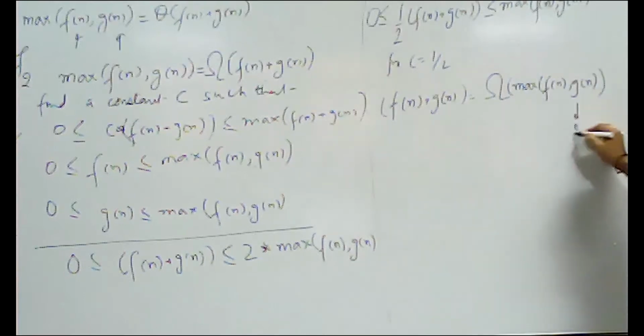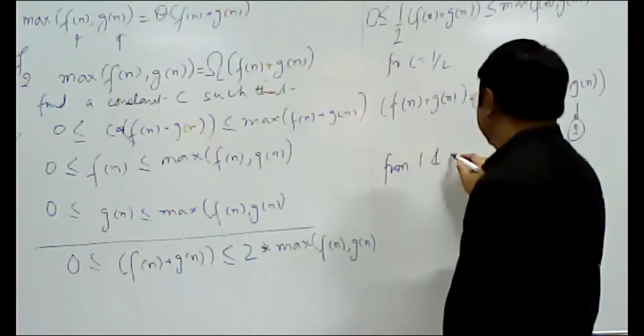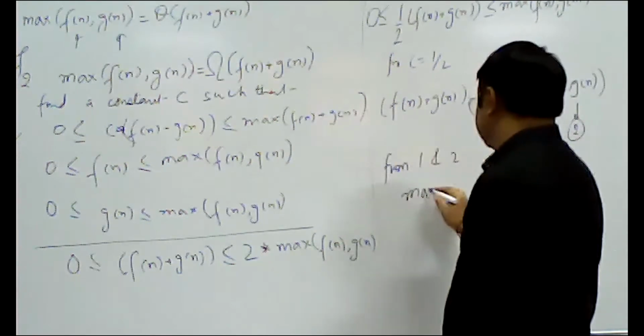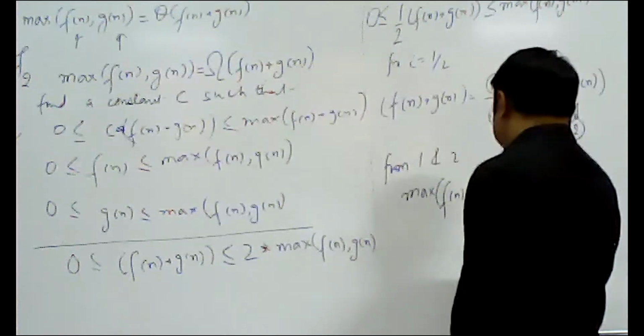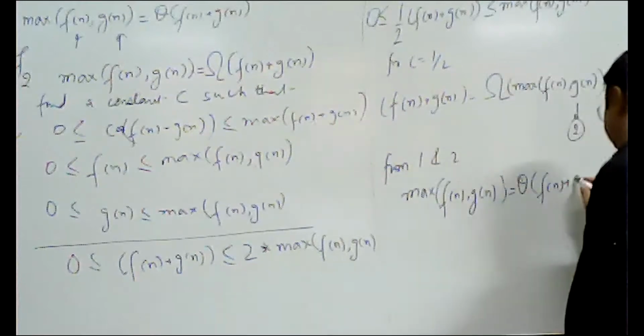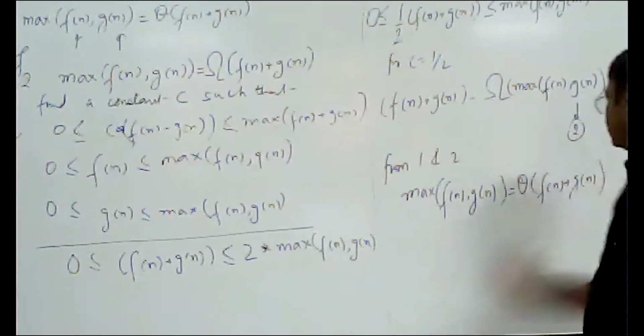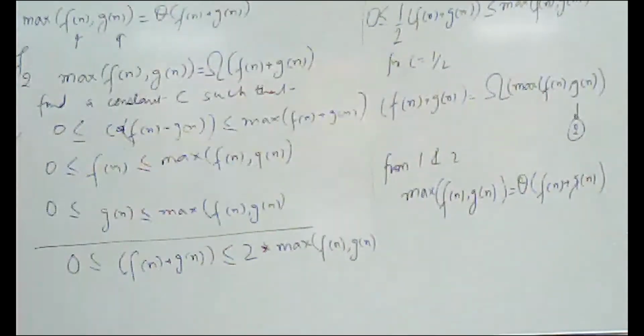This is your equation 2. So from 1 and 2, it is proved that max of Fn and Gn is equal to theta of Fn plus Gn. So note down this.